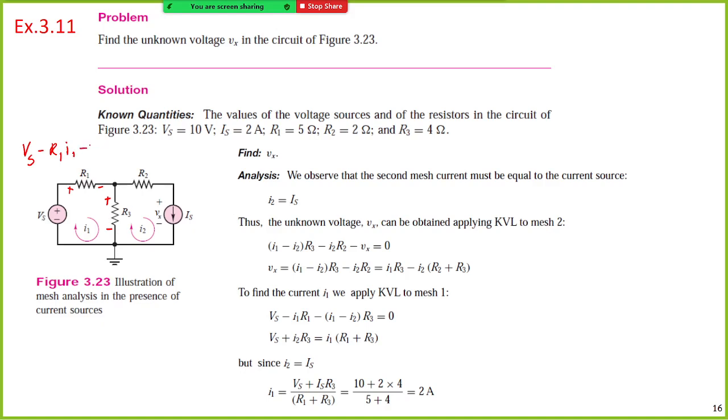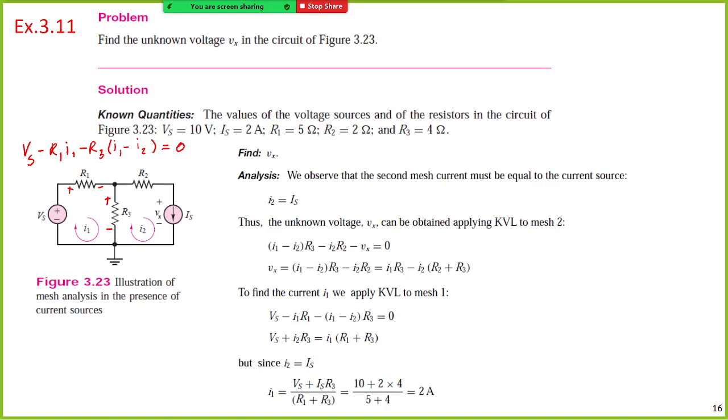Minus R3 times I1 minus I2. I1 minus I2, where I2 is IS, or I can just write IS here, equal to 0.